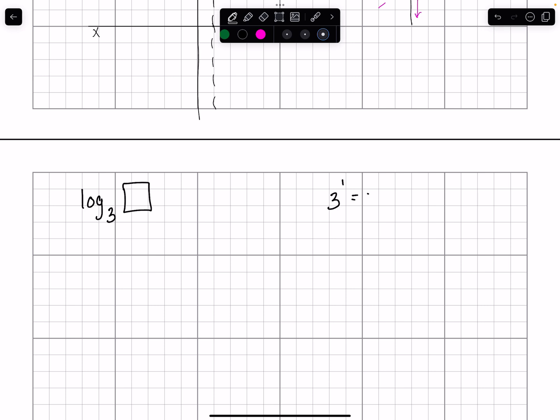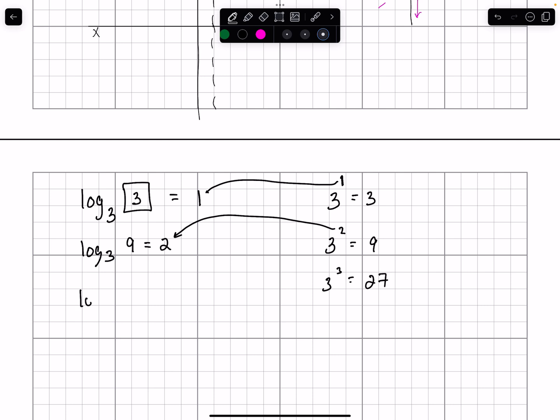So 3 to the first is 3, so log base 3 of 3 is equal to 1. 3 to the second is 9, so log base 3 of 9 is equal to 2. There's my exponent. 3 cubed is 27, so log base 3 of 27 is equal to 3. Right, so it's 3 to what power is 27. And you have a couple numbers there.